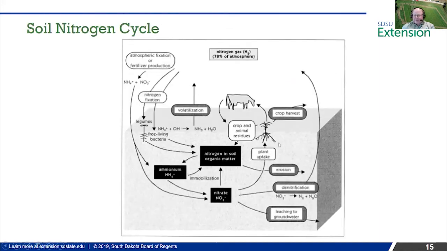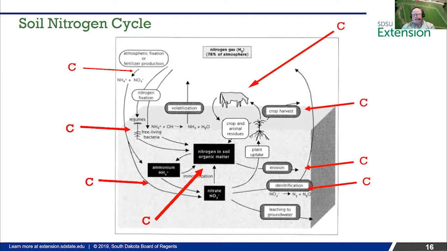So let's just take a moment and look at the nitrogen cycle here. It's very complicated. We've got additions, we've got livestock, we've got atmospheric nitrogen, we're harvesting crops, we volatilize nitrogen, then it cycles in the soil, we've got losses in the soil, we lose some to erosion. Wow, some people spend their whole life researching this topic.